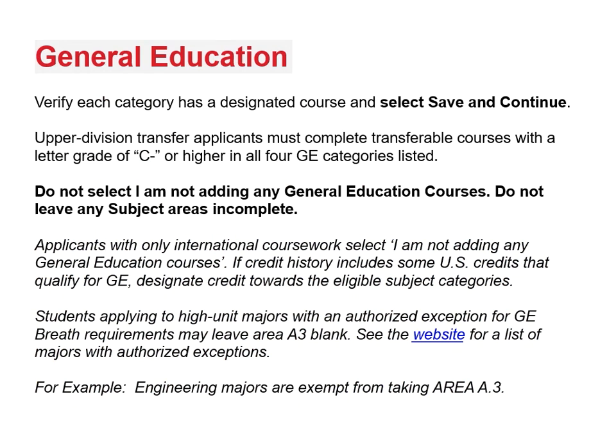Please note that upper division transfer applicants must complete all of their transferable coursework with a C- or higher for all 4 of the golden 4 categories that are listed. And again, do not select that I'm not adding any GE courses. And do not leave any subject areas incomplete. Again, if you have questions, please let us know.